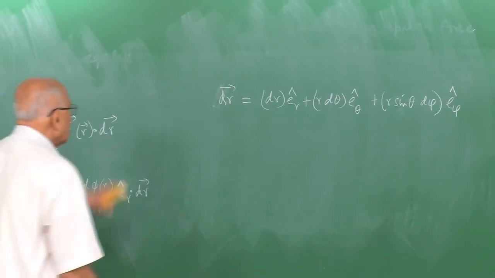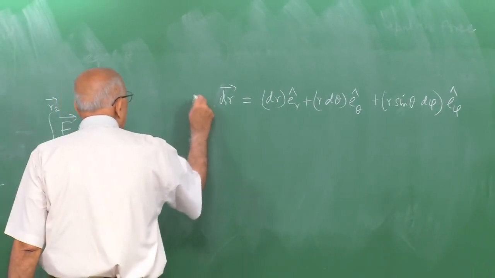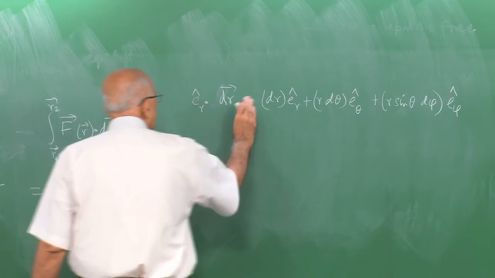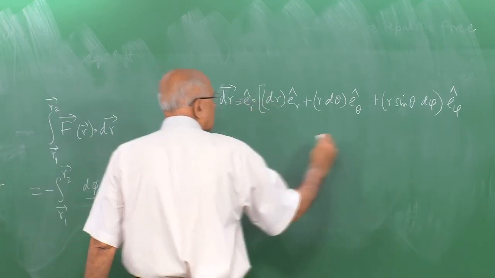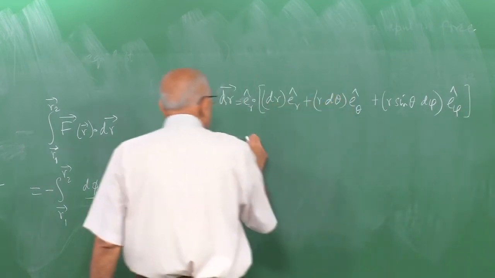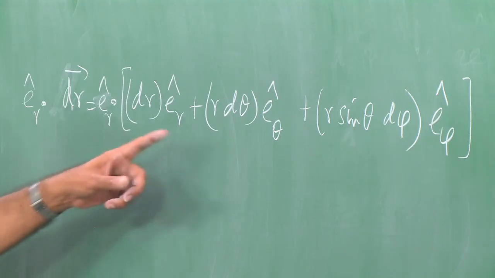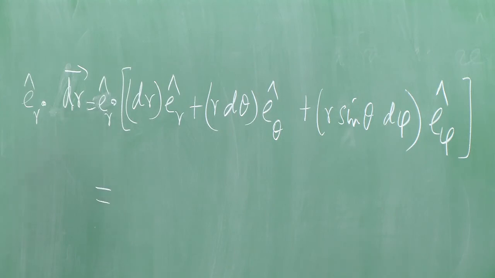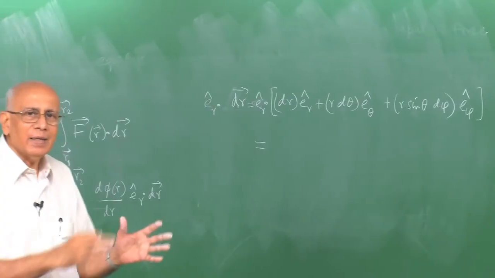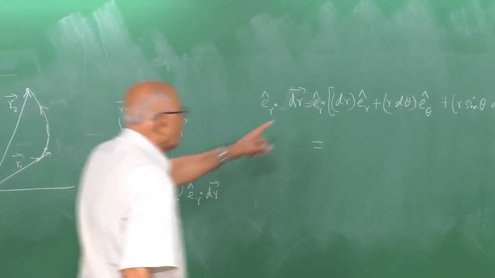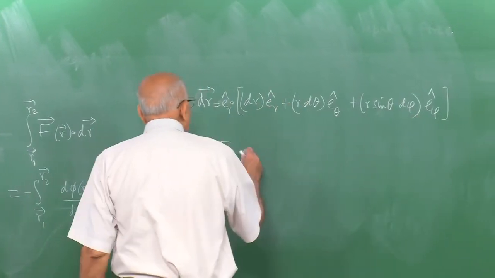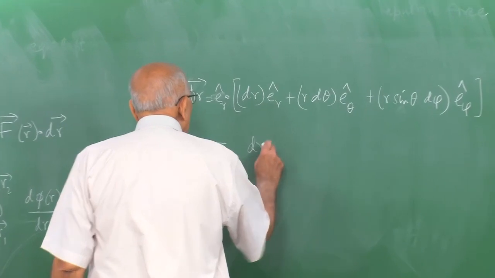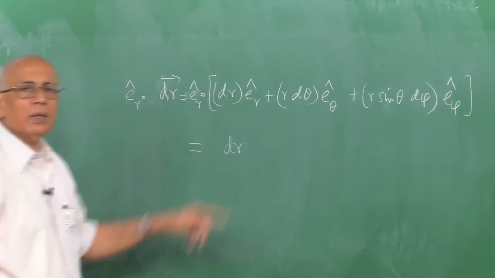Now you have to take that and dot it with e_r. But e_r, e_theta and e_phi are at right angles to each other. They form a right-handed triad. So e_r dot e_theta is 0, e_r dot e_phi is 0, and therefore this reduces to dr times e_r dotted with e_r, which is equal to 1.